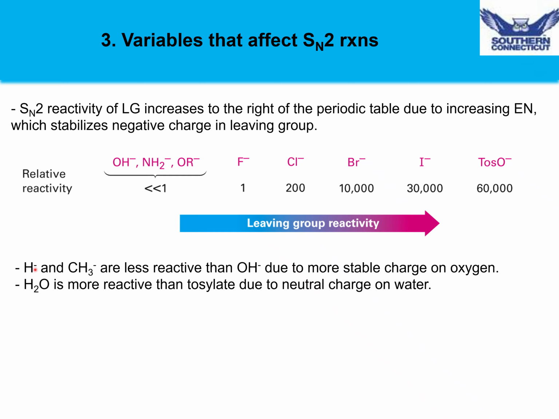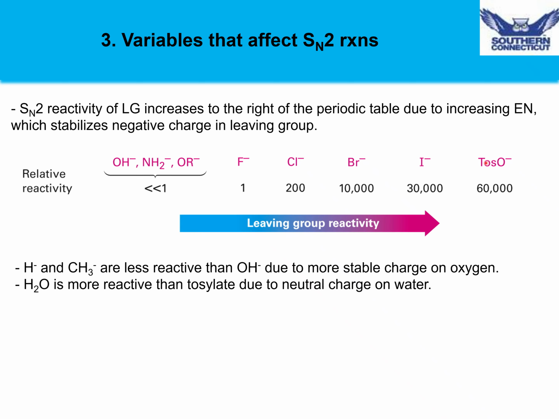Notice that hydrogen and carbon with a negative charge on it are somewhere over here, so even worse leaving groups than an OH and an NH2. And tosylate is a group that we talked about earlier, generally considered, depending on which study you look at, anywhere between being more reactive than iodine or somewhere around bromine.